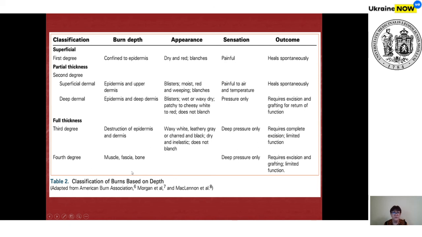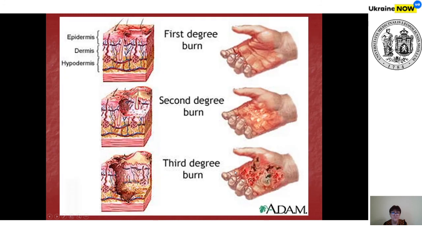Fourth degree burns affect underlying tissues such as muscles, fascia, and bone. Sensation to deep pressure only, requires excision and grafting, and limited function due to formation of contracture.